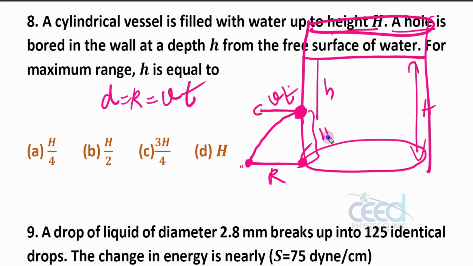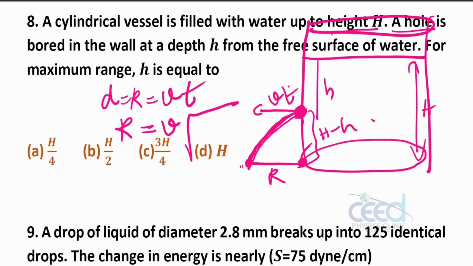Here the hole is put at h, so the height is H minus h. Then the range is velocity into the time of flight, right? So the range is what we have to find first.